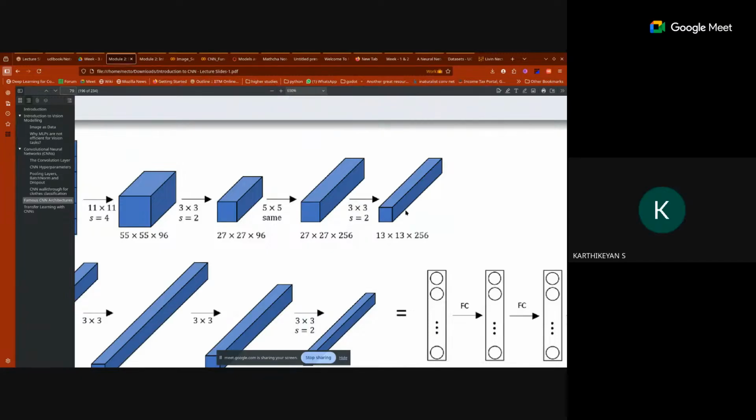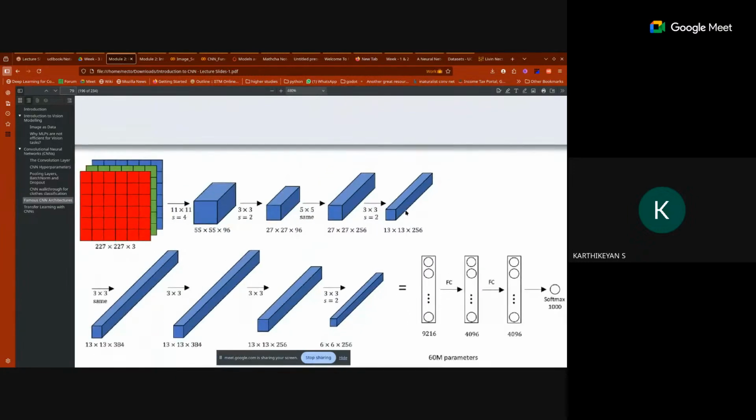I got confused because we said initially that 1 cross 1 convolution means we are taking in all channels. That is the starting point. Then how does it get reduced? For one kernel, you take all channels and do a weighted sum to get the first value. Then with the second kernel, you get the second value.